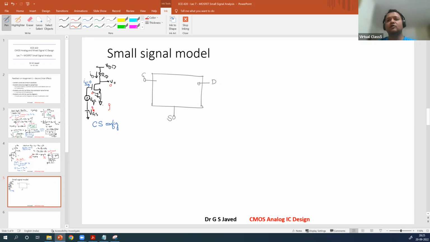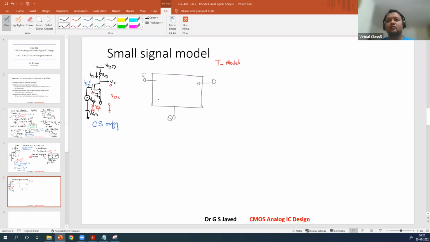Output is measured to ground here, VDS. So that is why this is a common source configuration. This is also called the T model, because it is representative of a T.